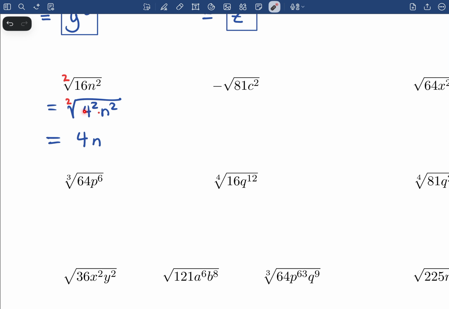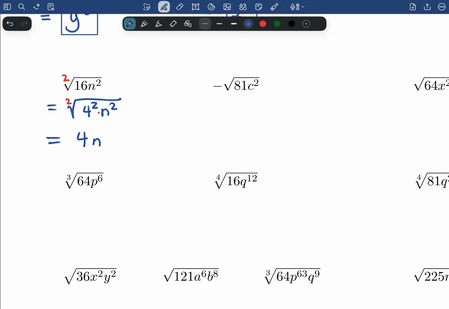To get 4 to the 2 divided by 2 is 4 to the first, and n to the 2 divided by 2 is n to the first. But there's one issue. This was an even root, and so I have to take that variable and wrap the absolute value around it. So I have to make the absolute value of n, since n to the first power is an odd power.